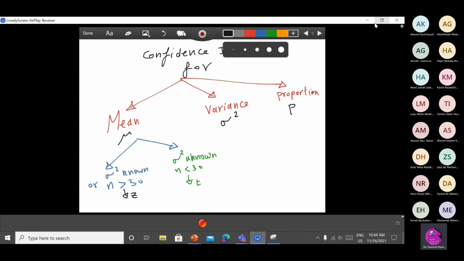Now, the confidence interval in this case was what?